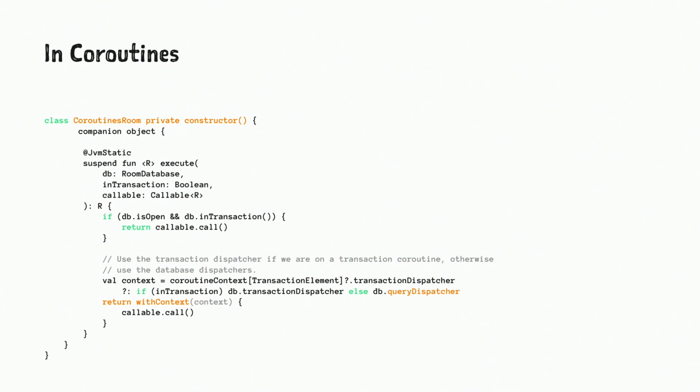And the same would happen in coroutines, slightly more complex. We would get the transaction dispatcher and decide where to dispatch it.